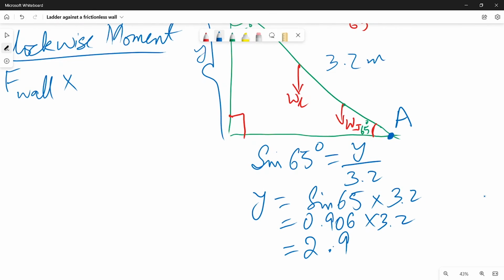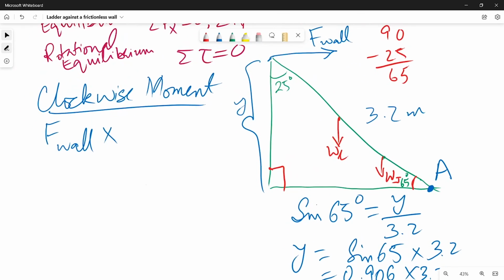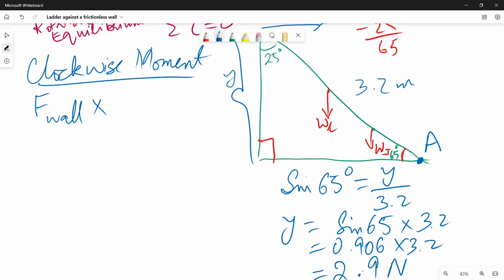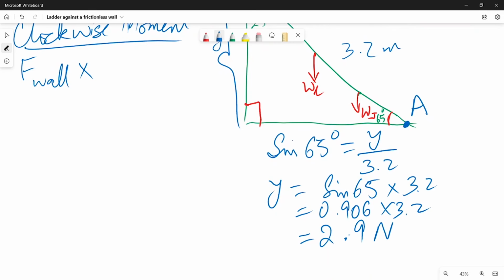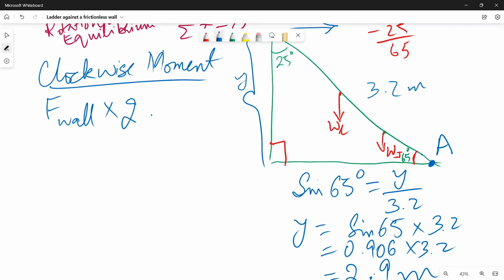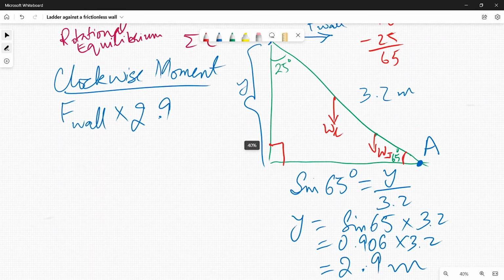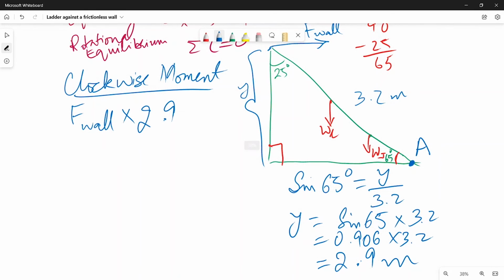Sorry, it's not Newton, it's meters, so this is 2.9 meters. So this is our clockwise moment. And now we have to find the anti-clockwise moment.